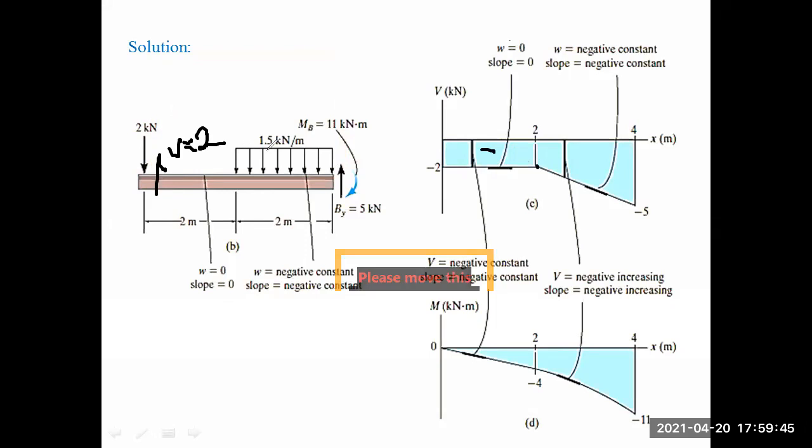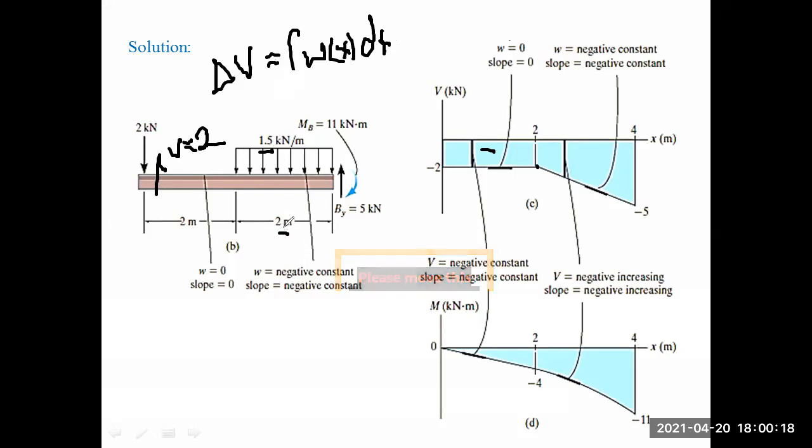After that, we have a uniformly distributed load. If I get the area of this uniformly distributed load, which is 1.5 times 2, 1.5 is the height, times 2. If I get the area, that means I'm getting the integral of Wx dx, which is equal to delta V. So how much is 1.5 times 2?